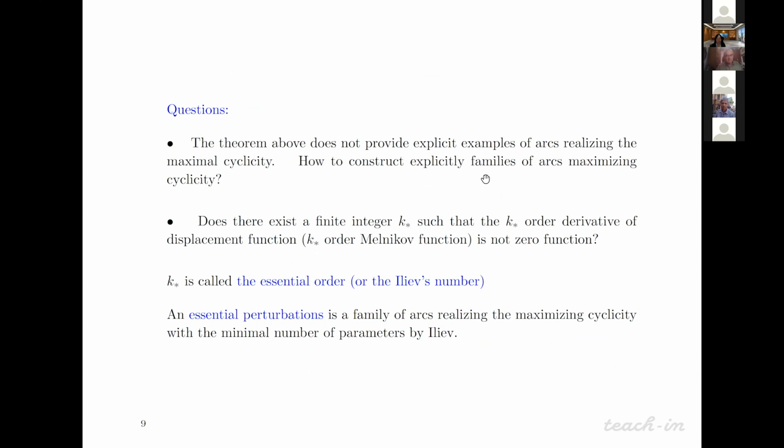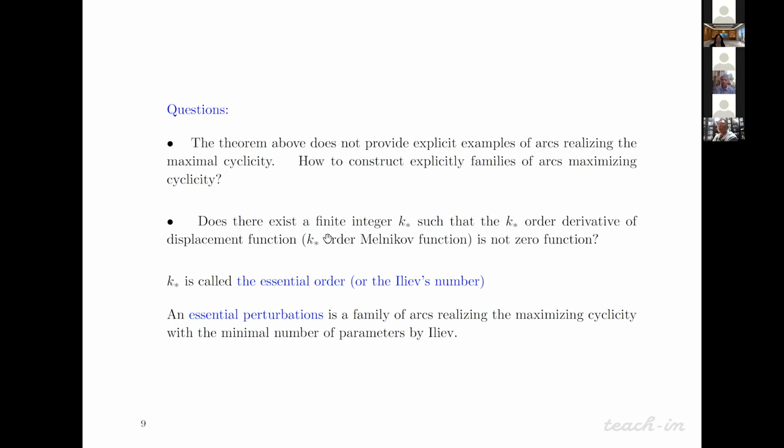Another concerns the Melnikov function of order k. This k is the first order such that the Melnikov function is not a zero function. The question is whether this k is finite or not.